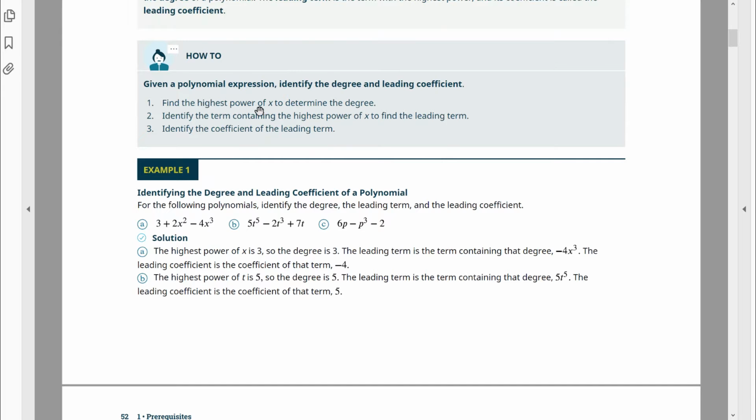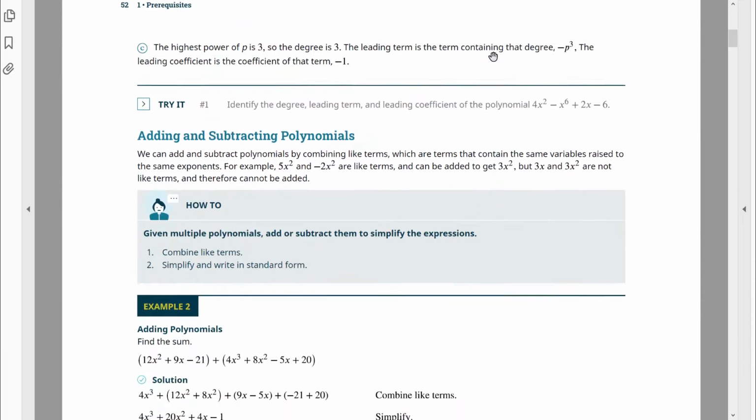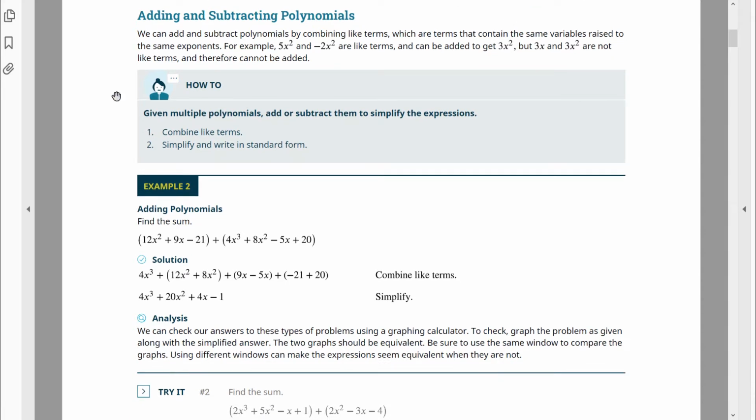How to find the highest power of x, to determine the degree, and so on. Take a look at this, please. It shows you how to add and subtract polynomials here. How to combine like terms or similar terms. How to simplify.